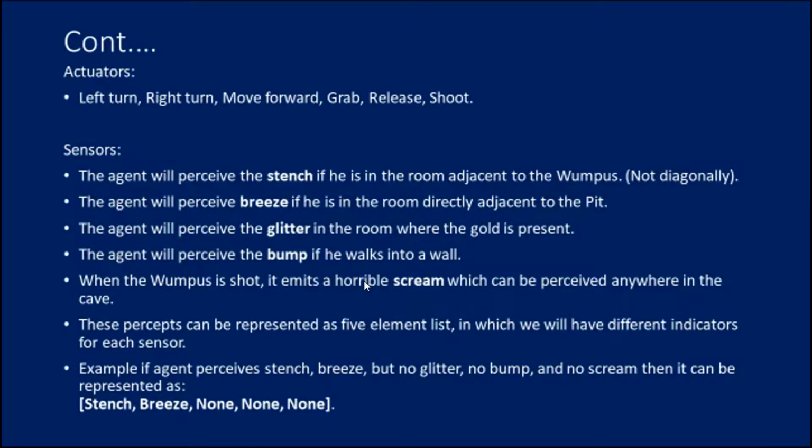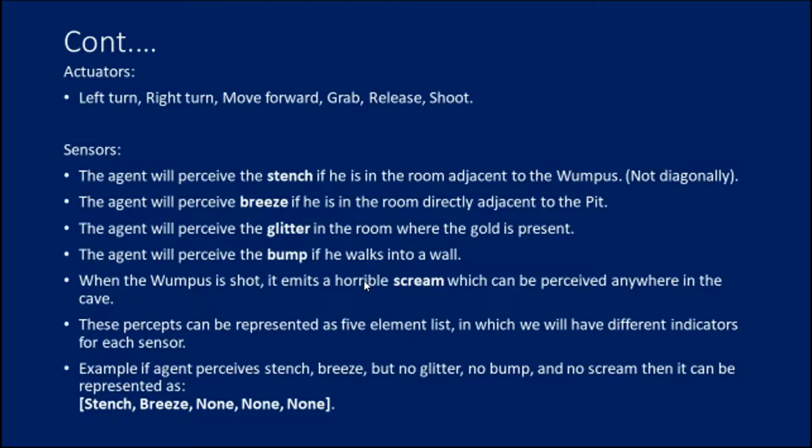The agent will perceive glitter in the room where the gold is present. The agent will perceive a bump if he walks into a wall. When the Wumpus is shot, it emits a horrible scream which can be perceived anywhere in the cave.